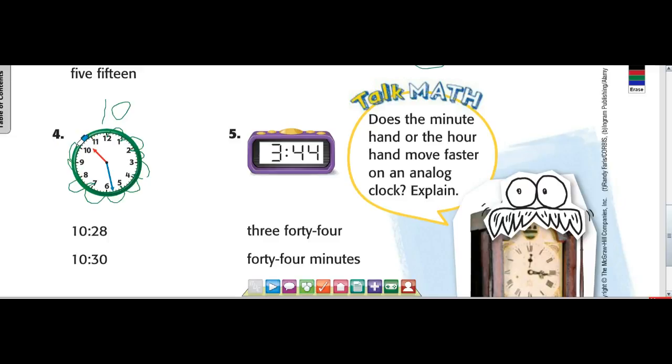Oh, whoops, sorry. I went too far. It's okay, we're Spartans, we can make mistakes. So it's 10, but they went 5, 10, 15, 20, 25, and three more spaces, so 25, 26, 27, 28. So it's 10:28.